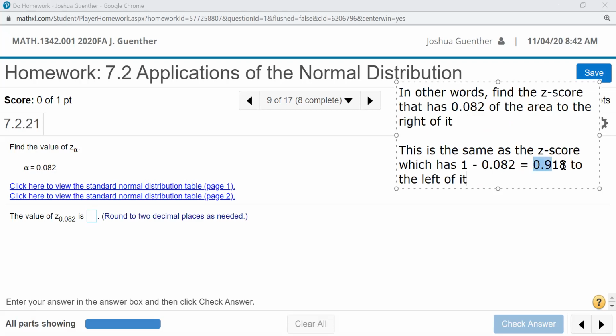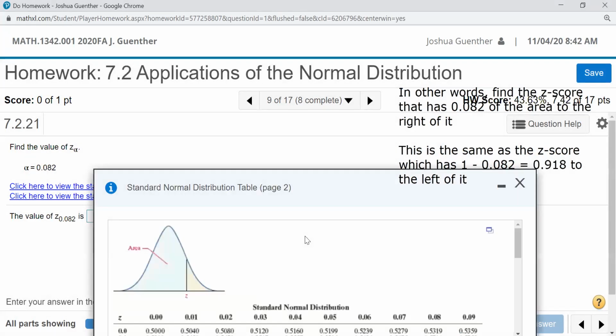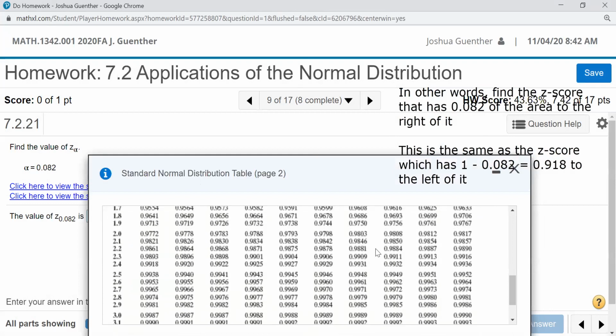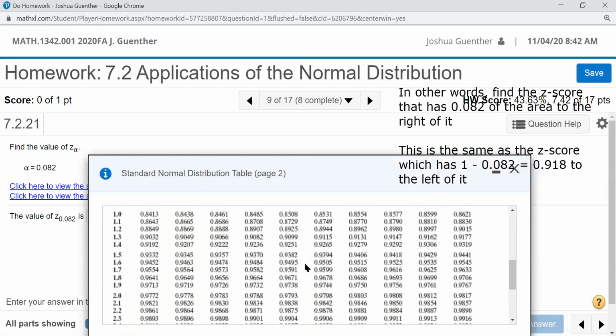So we need to find the Z-score that has about 0.918 to the left of it, or rather we need to get as close to it as we can. So 0.918 to the left of it. Oh goodness, 0.9115, 0.9131. I'll go with this one. Well, wait, hold on. What am I saying?